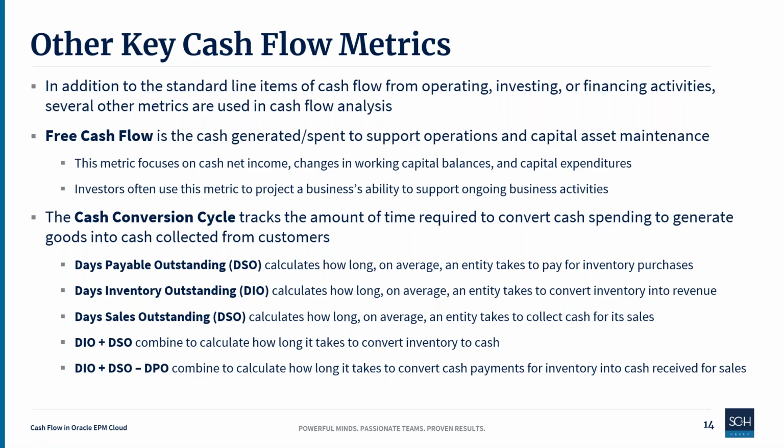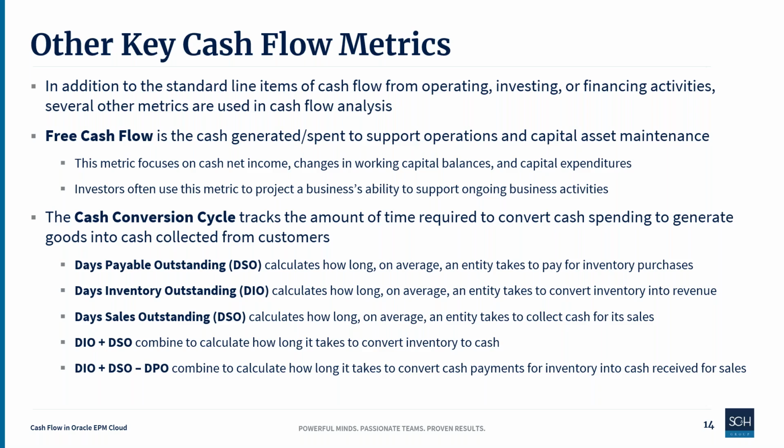Same thing with days inventory outstanding. That's how long on average it takes from when inventory is generated to convert it into sales. The longer that you have your inventory sitting as inventory, the less cash you'll have available, because it'll be soaked up in those inventory assets.